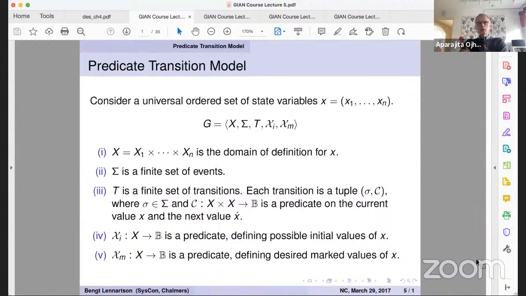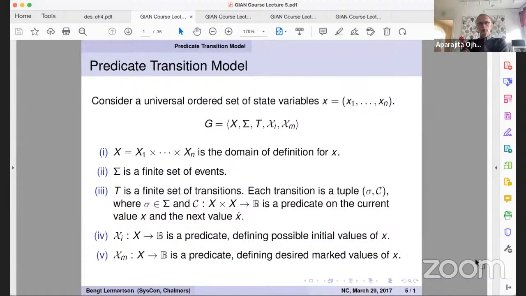So what I will do today is that I will soon go on with temporal logic and a specific calculus around that called Mu calculus. It's a general calculus for generating or computing fixed points.